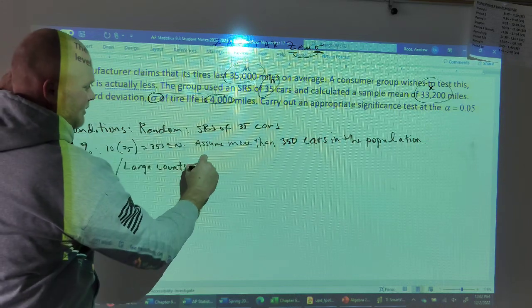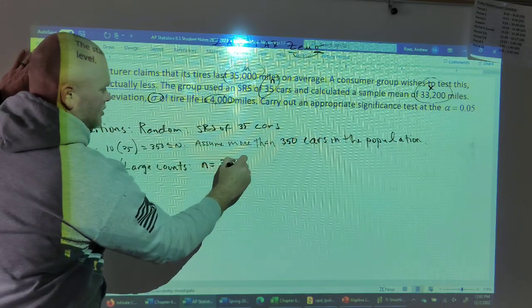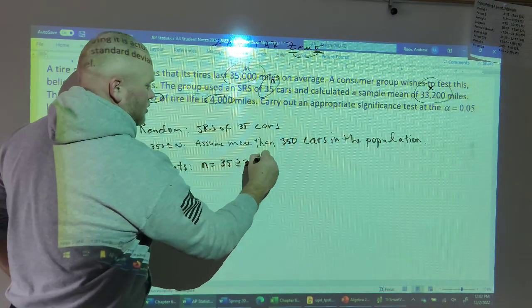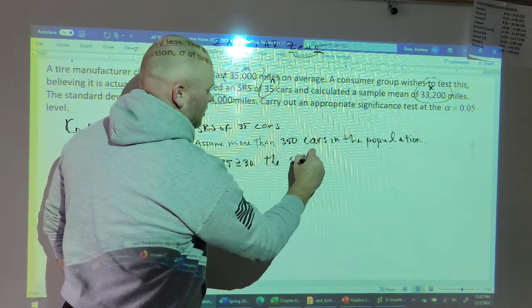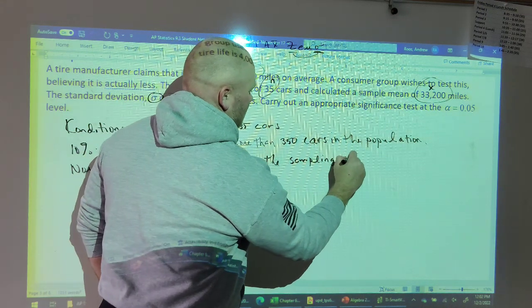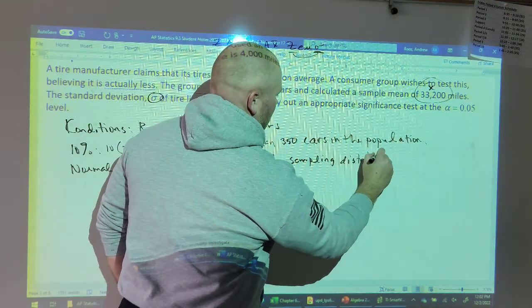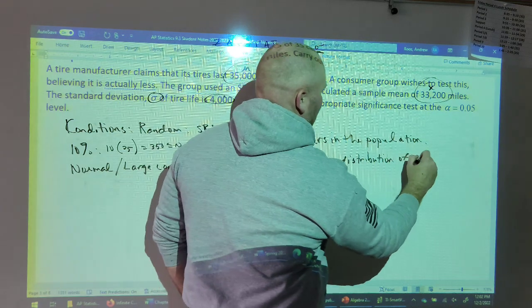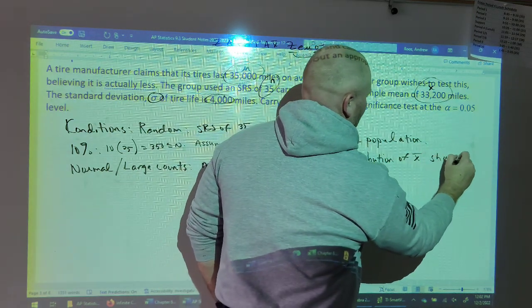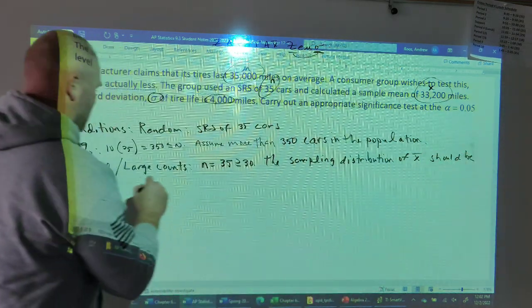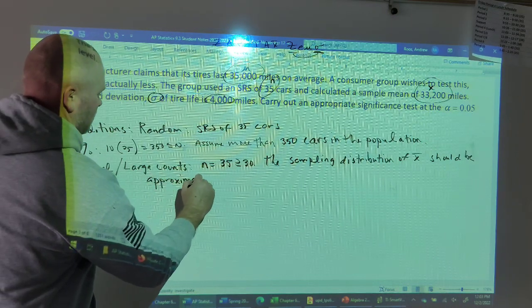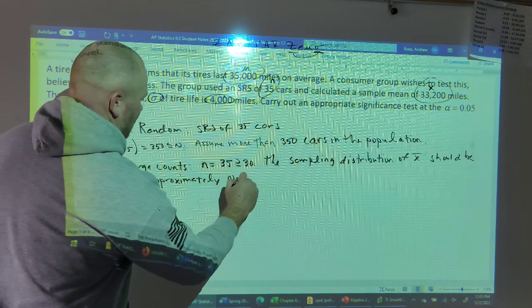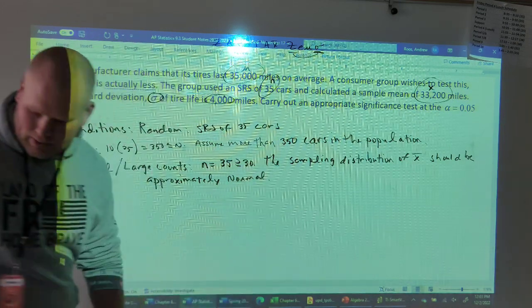Sample size is 35, so n equals 35, which is greater than or equal to 30. Okay, so we're good, right? So the sampling distribution of x bar should be approximately normal.